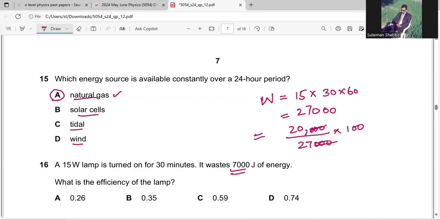That is 74%. If from percentage to decimal, I will write it 0.74. So I can say it should be the right option in the form of efficiency of the lamp. So 0.74 is the total efficiency for this one.